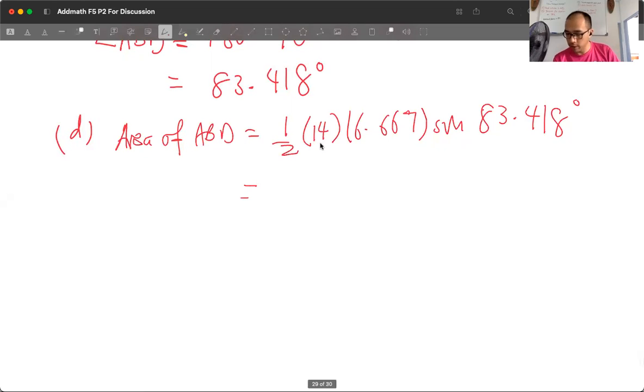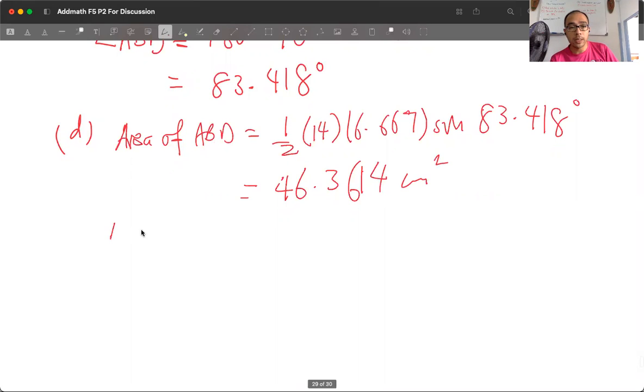This will give you about 46.3614 centimeters squared. So this is the big one.